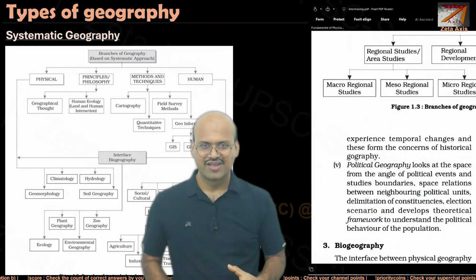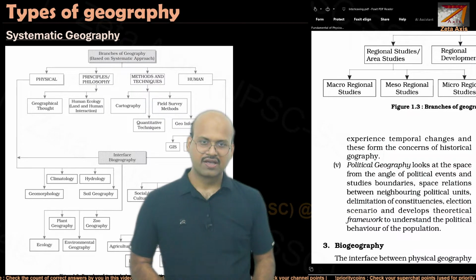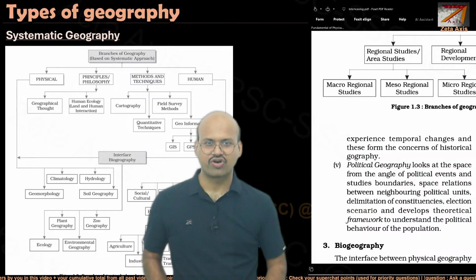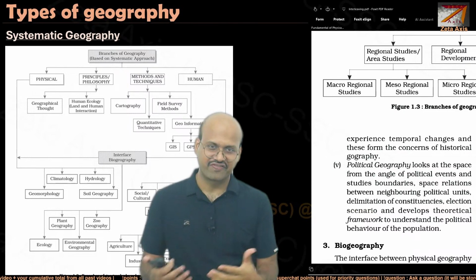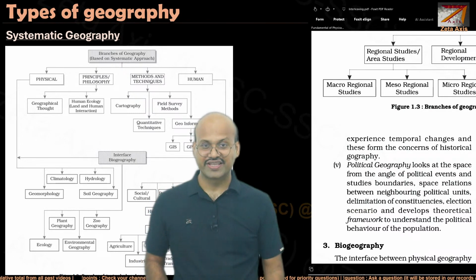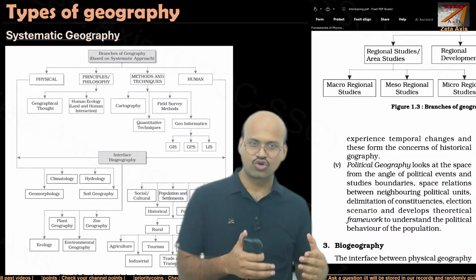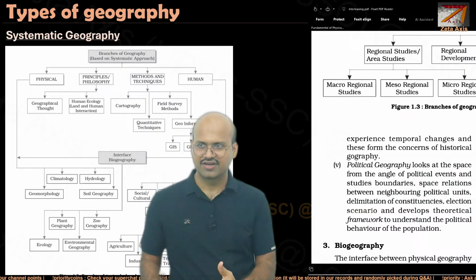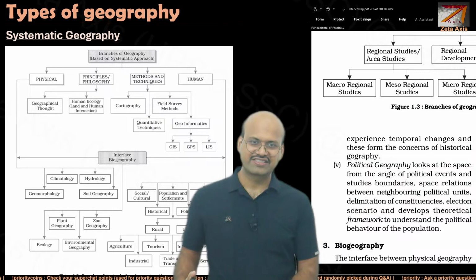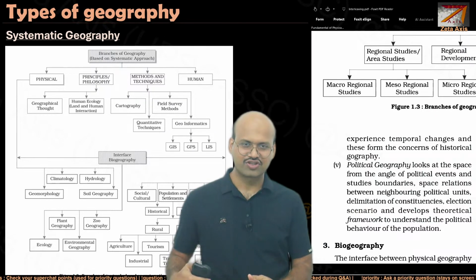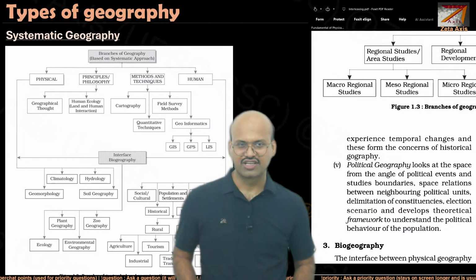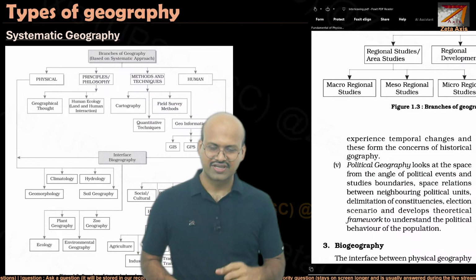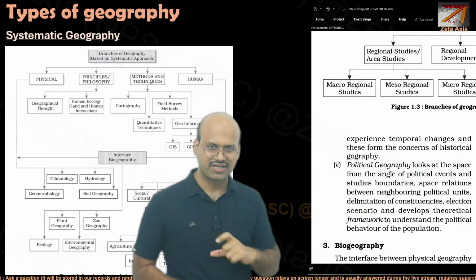For example, if a river is changing its course, like the Kosi River, there is flood every now and then. It is generally considered that the Kosi River has moved around 200 kilometers. It is not verified, but it is estimated that the Kosi River course has changed by 200 kilometers. So all this is about the history of geography. You are studying the change in the landscape over history.